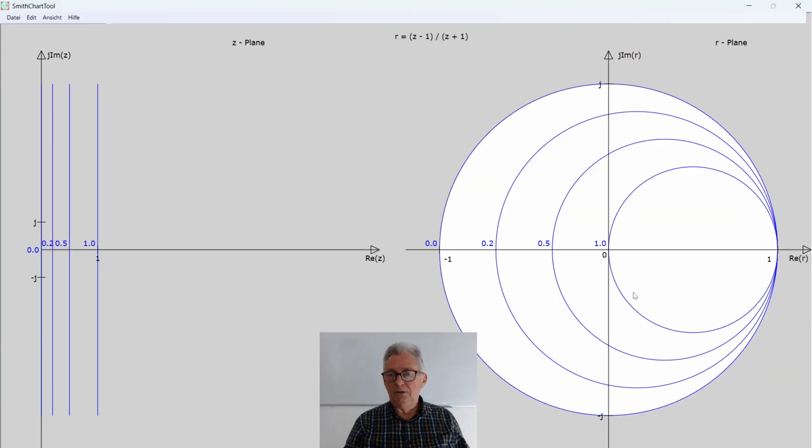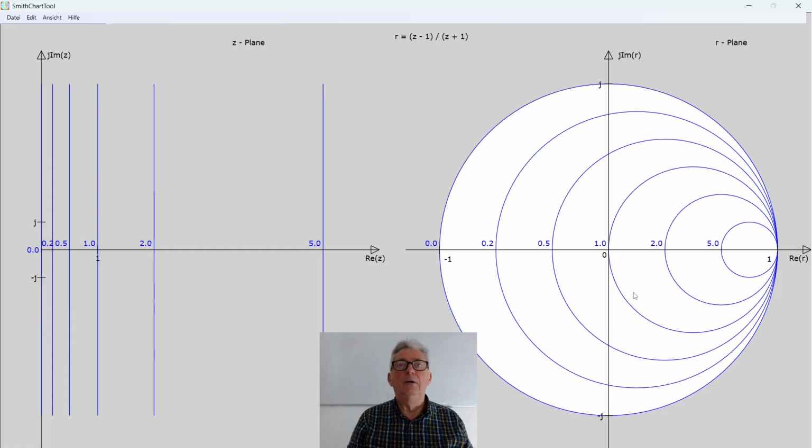And of course we can go on in the mapping, but I cannot map all impedances from the Z plane onto the gamma plane, otherwise you will not see anything anymore.